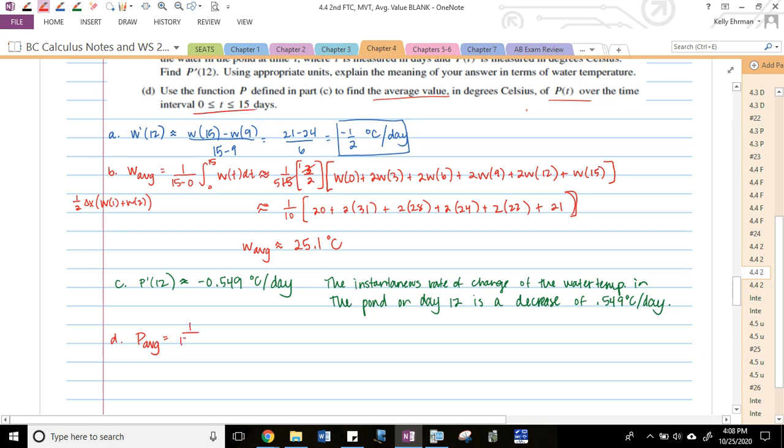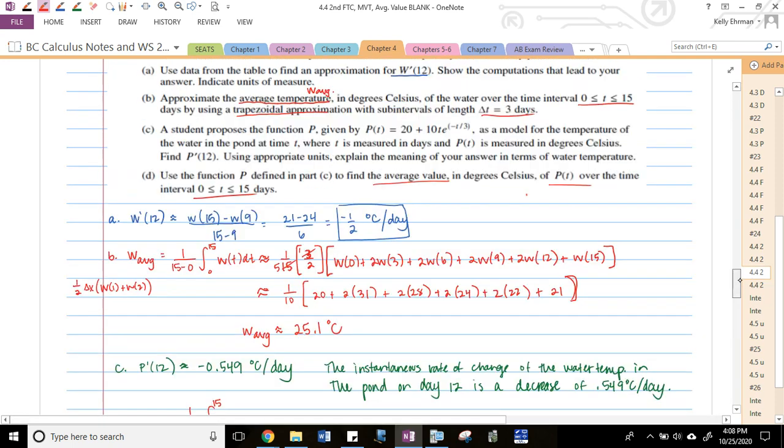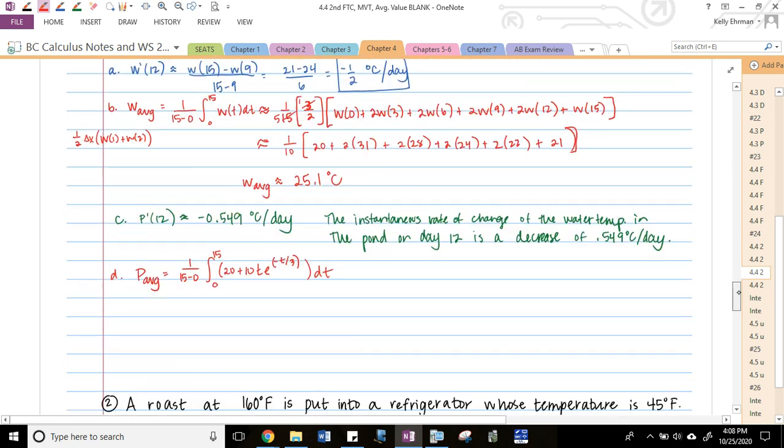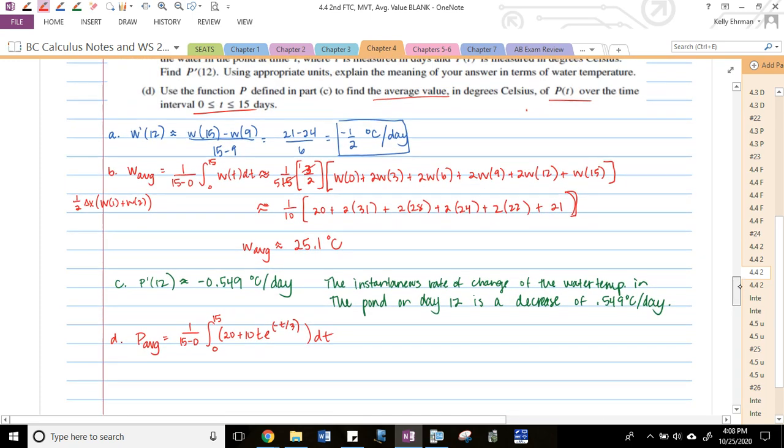So 1 over 15 minus 0 times the integral from 0 to 15 of P of T. I paused for a minute because I thought for a second I was supposed to use your answer from part C, and that didn't make any sense to me, but it's just use this equation that we gave you in part C. You could also just write P of T dt in here. I just kind of like to show it to find this average value.